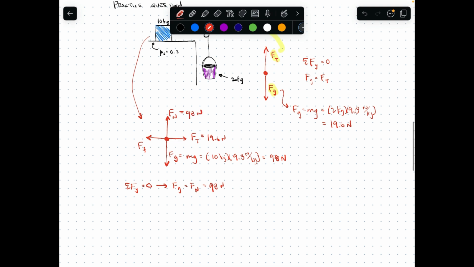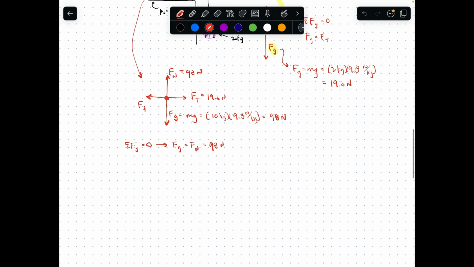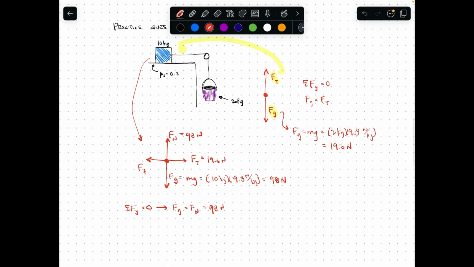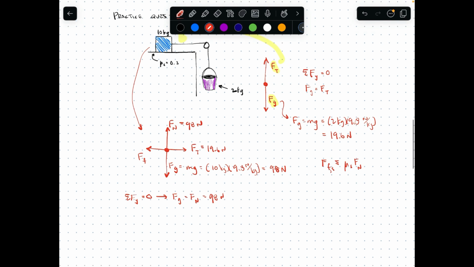So what about the force of friction? Well, we have an equation for the force of friction. I'll go ahead and write that over here. Force of friction is less than or equal to the coefficient of friction times the normal force. And we're looking at static friction in this case because it's not moving. So the force of static friction is going to be less than or equal to the coefficient, which is 0.3, times the normal force, which is 98 newtons.